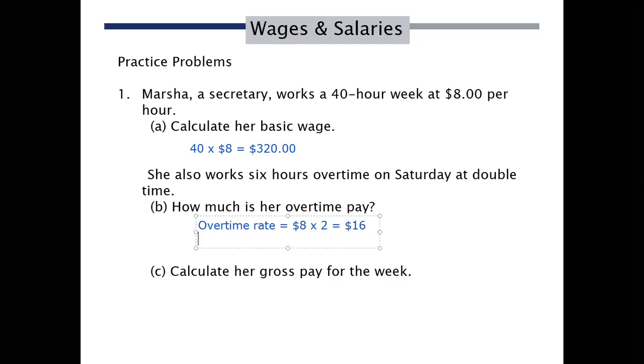Her overtime pay now is going to be, in this case, she worked 6 hours multiplied by $16. So she makes $16 per hour. And that works out to be $96.